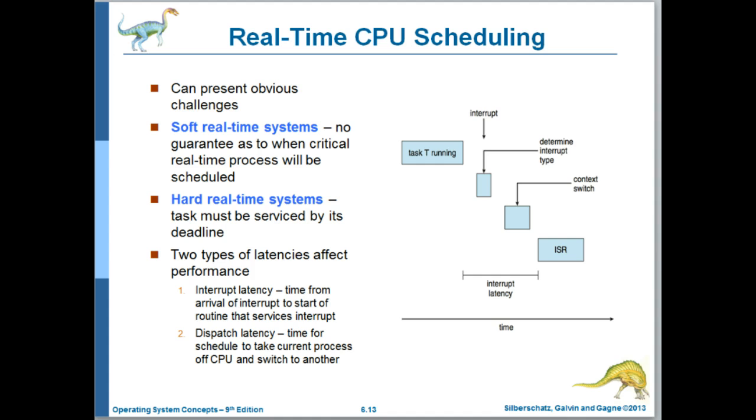So I'm just going to touch on real-time systems briefly. In a real-time system, there are deadlines by which an external event needs to be responded to. So in a soft real-time system, there are no guarantees when that response will be completed.